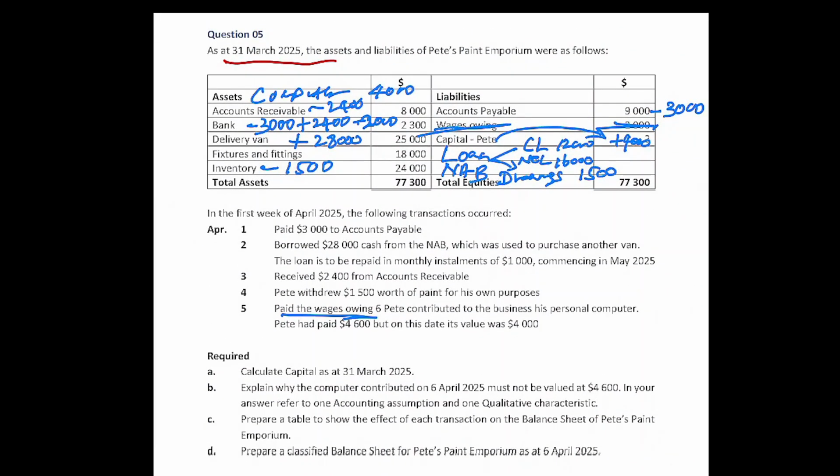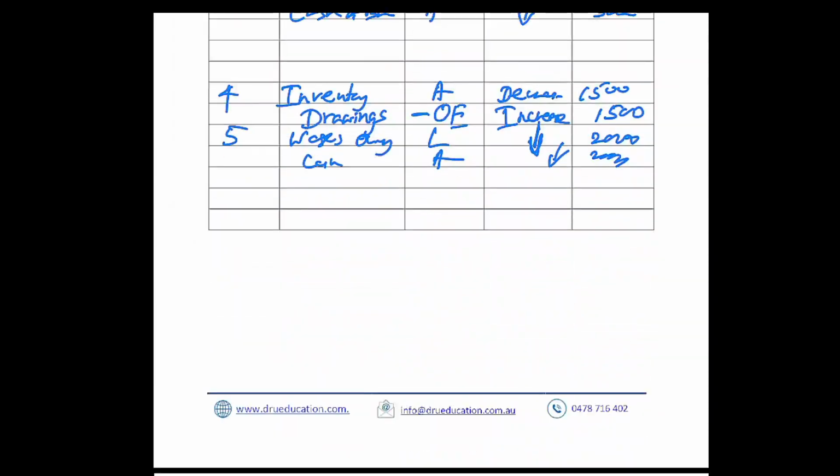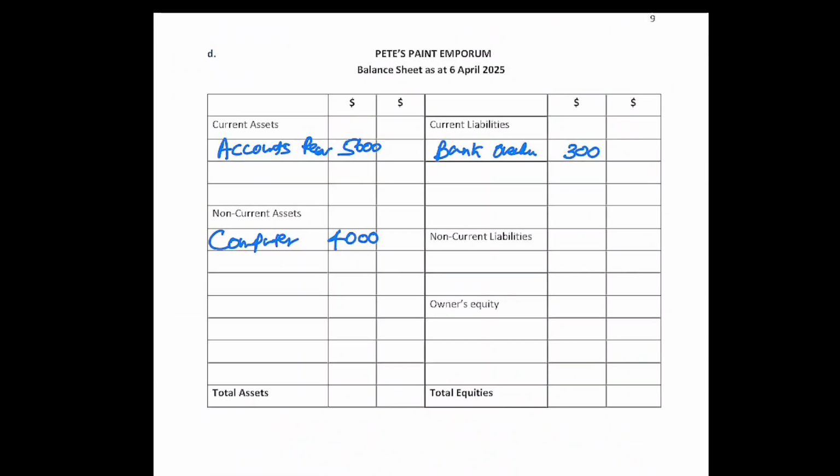Next one. Delivery van, I have 53,000. Non-current. Delivery van. So do you have to write delivery part or can't you write just van? You have to write the delivery. You have to write the exact same term. We can't change it, right? Delivery van.